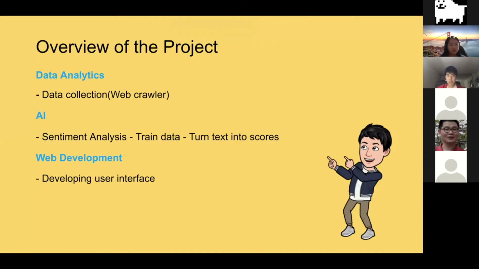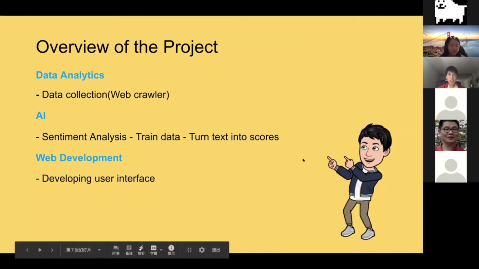We have the trained data, and we turn the text, usually the comments, into scores, which tell whether a word or a string leans toward a positive feeling or a negative feeling. Once we have all of them, we display them on a website. We develop our user interface.